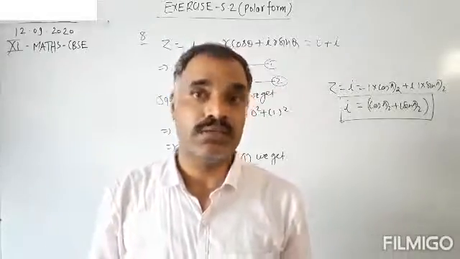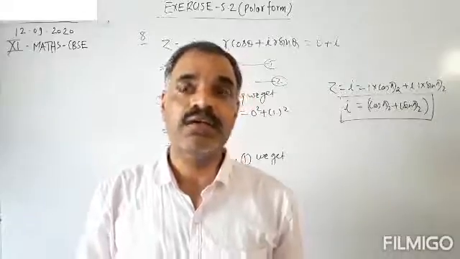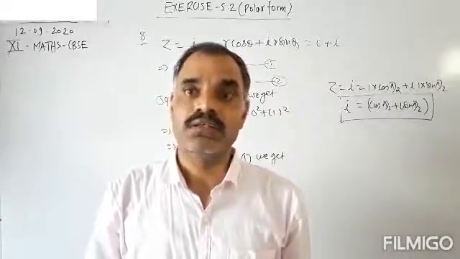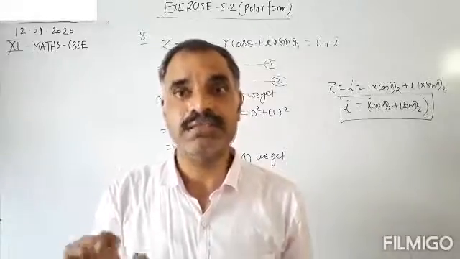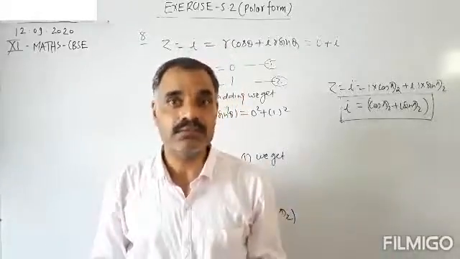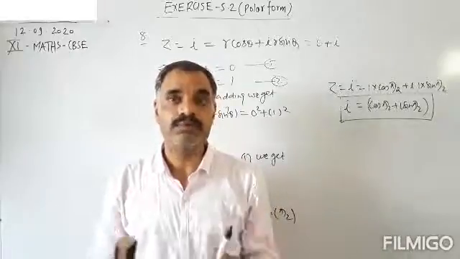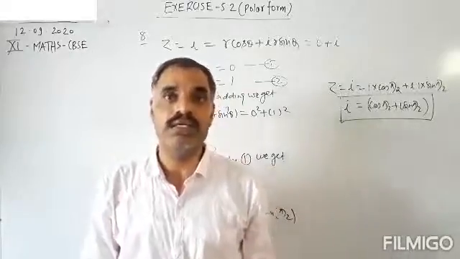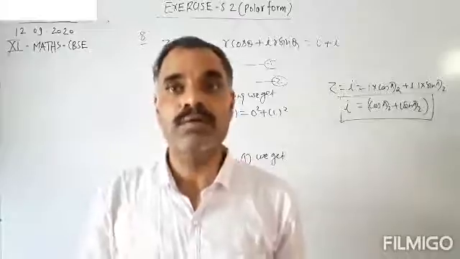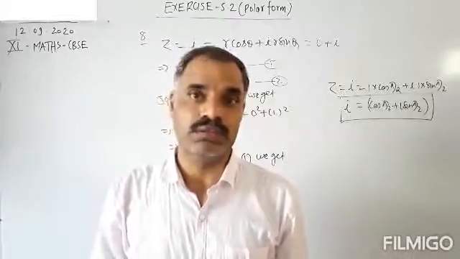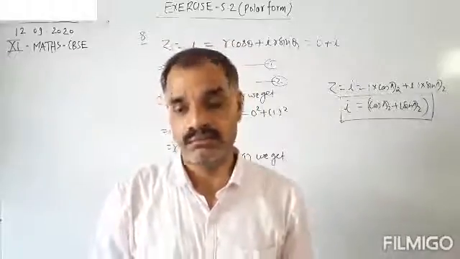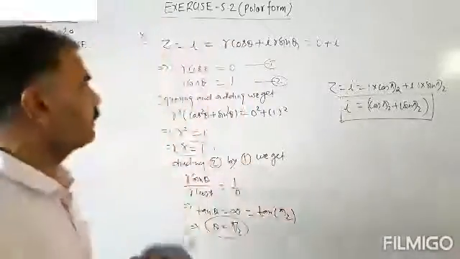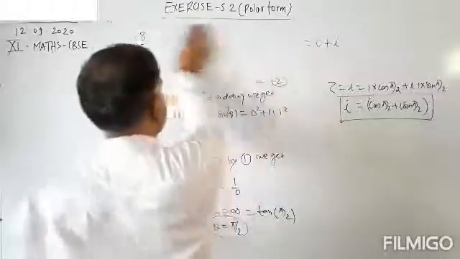But here in class 11th we will solve this quadratic equation for the discriminant D less than 0, which means when the value of b square minus 4ac is less than 0.